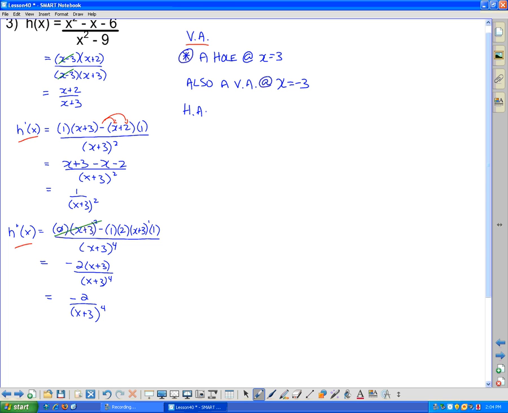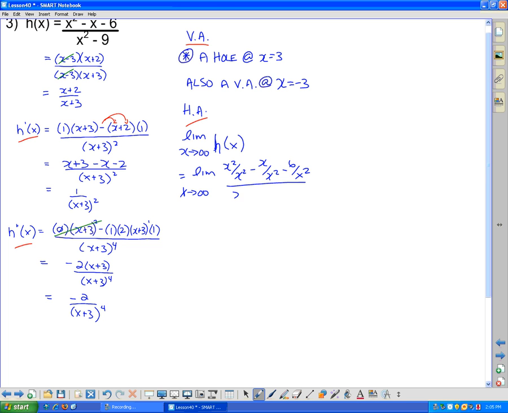Horizontal asymptote, so we do the check there. We're doing the limit as x approaches infinity for the function h of x. Looking at it, x squared is the largest term, so we're going to divide everything by x squared.